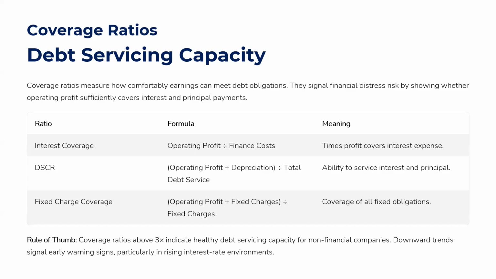So if you have debts, how can your profits be able to meet your debt obligations? You're trying to compare your profits with your interest. Most of these coverage ratios, you're trying to look at your interest and your profit.